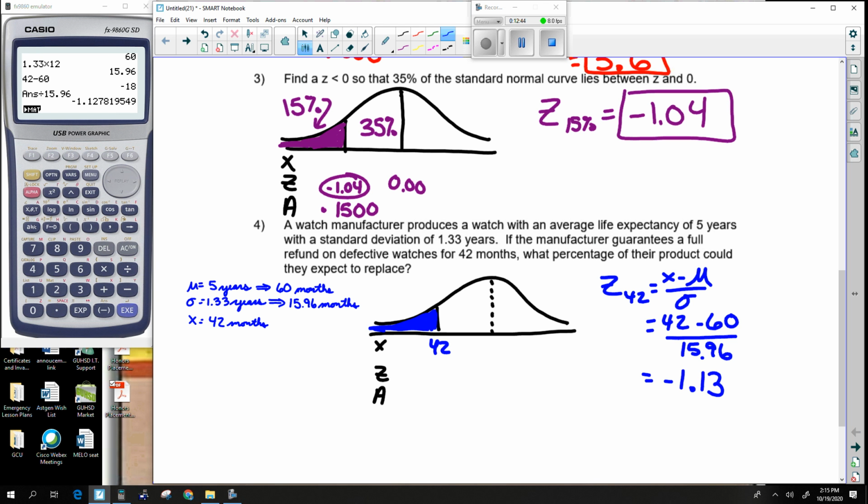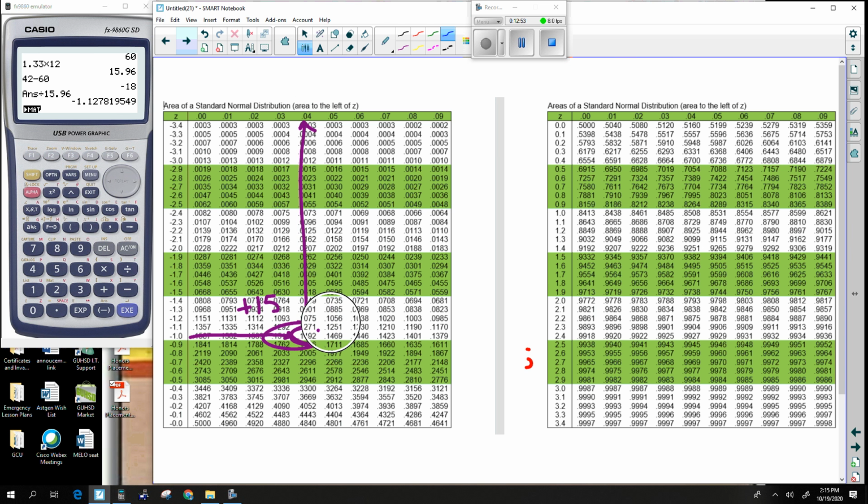Again, round to 2 decimal places. And the area.